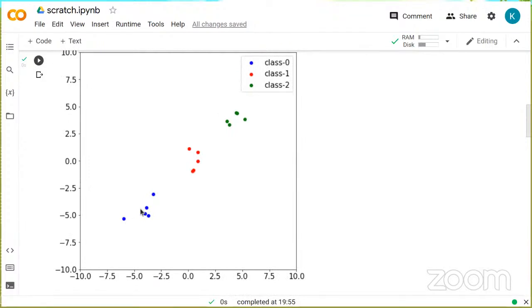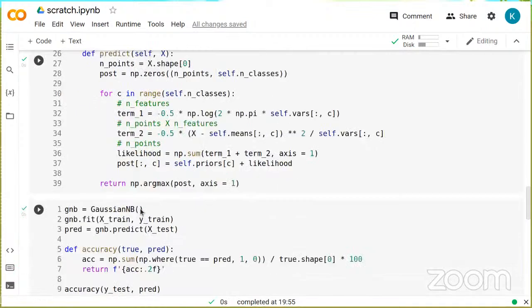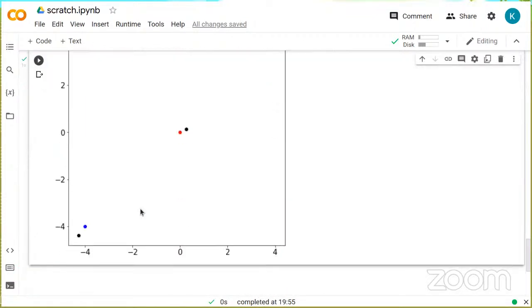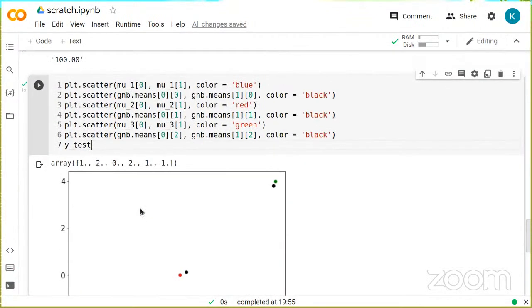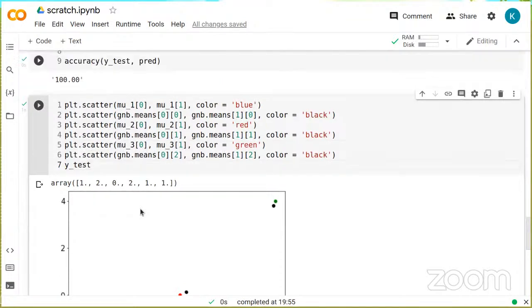In some sense, I have managed to completely model the actual distribution, so my accuracy is naturally going to be high. The reason for accuracy being high is just that we have managed to capture the true distribution by assuming it so perfectly that the accuracy turns out to be 100.